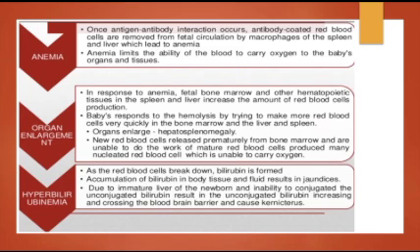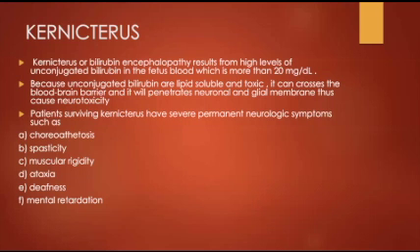kernicterus. Kernicterus, or bilirubin encephalopathy, results from high levels of unconjugated bilirubin in the fetal blood, which is more than 20 milligrams per deciliter. Because unconjugated bilirubin is lipid soluble and toxic, it can cross the blood-brain barrier and penetrate the neural and glial membranes, thus causing neurotoxicity.